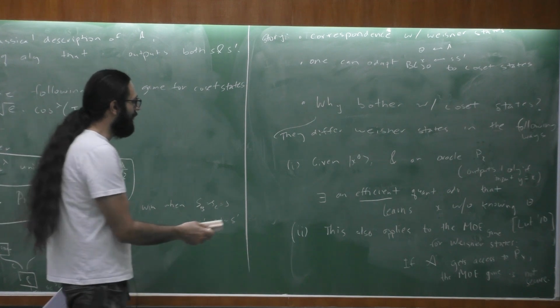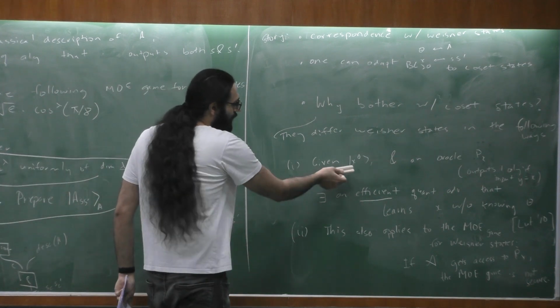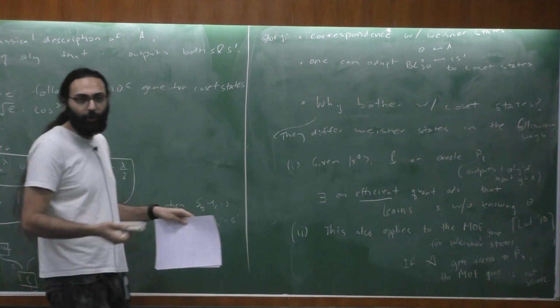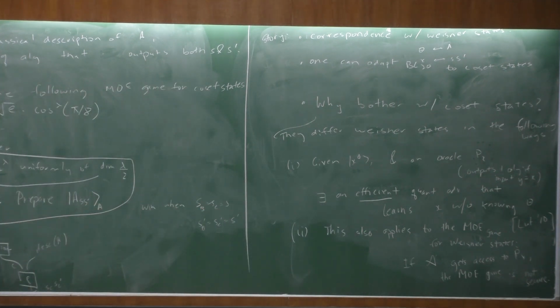It essentially follows from the first point: if you're given the state and the membership oracle, you can extract x. So if A already knew x, then obviously it can send x to both B and C, and then they can extract whatever is needed.